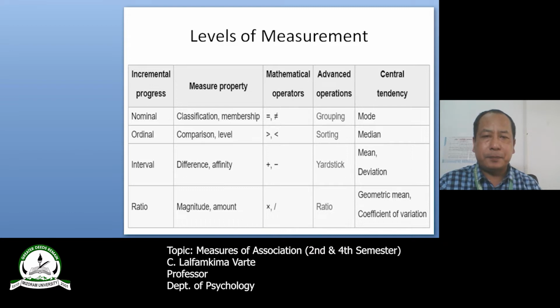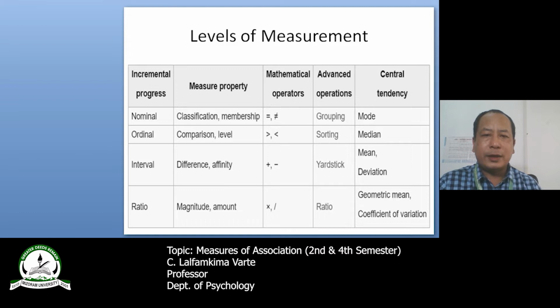The applicable central tendency is the median. For the interval level, the measurement property assigns differences and affinity. At this stage, we can have plus and minus. An example of such operation can be a yardstick, and the central tendency applicable can be mean and deviation.